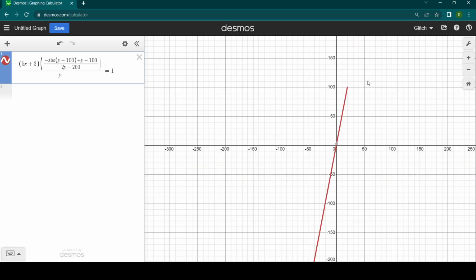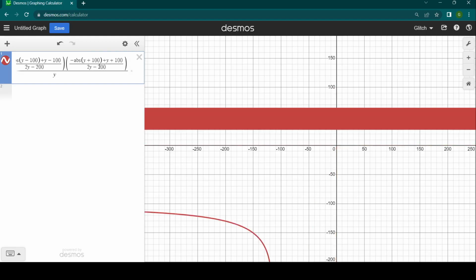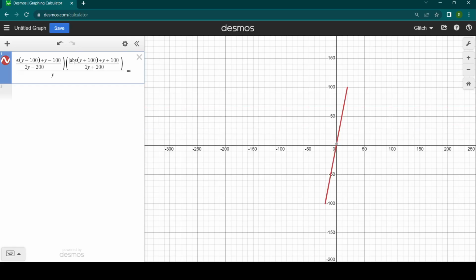And there we go. Now we need to do the same thing, but above negative 100y. So we copy this, paste it, and we flip the signs because for negative it's positive, and for positive it's negative. Well, not for some reason, I know why.